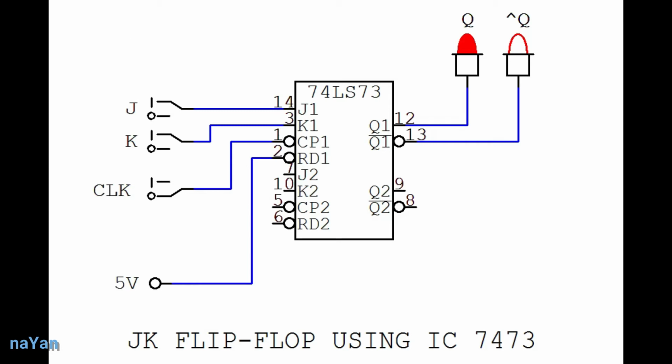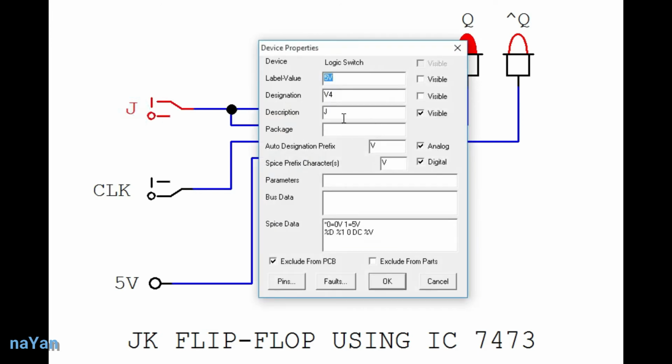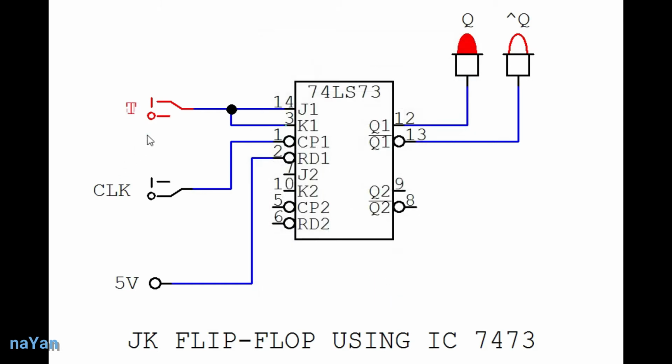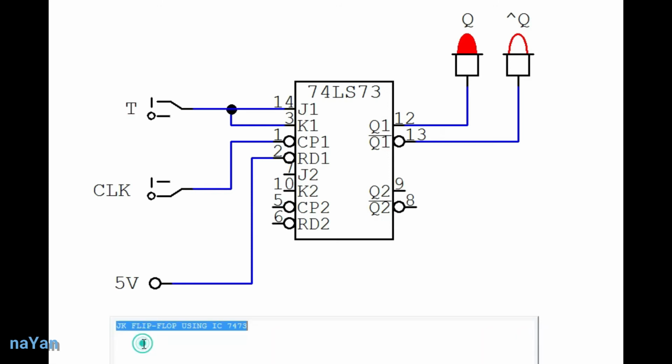So if we want to make the T flip-flop, we just stop this simulation, delete this K input and short this J and K. To make it clear, name it T, capital T. So this is our T input, and I change this JK flip-flop to a T flip-flop.